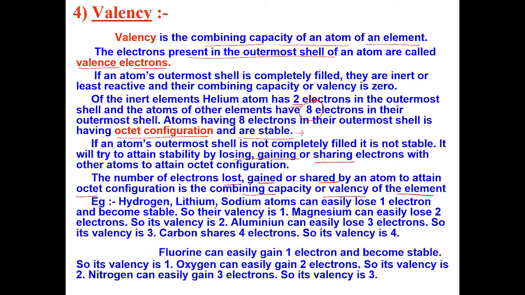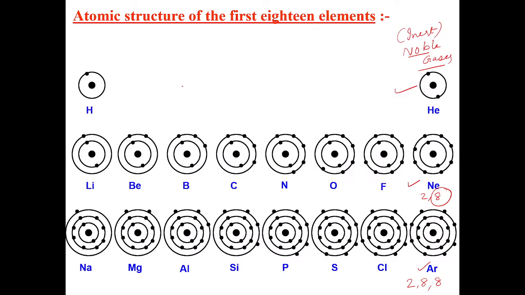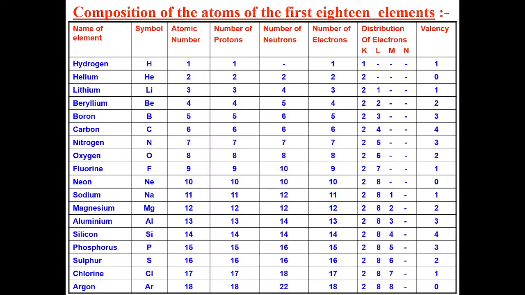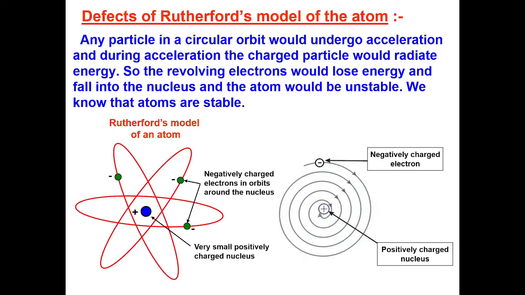For example, take the elements which we have drawn in a previous class, say sodium. If I draw Na, the configuration is 2, 8, 1.